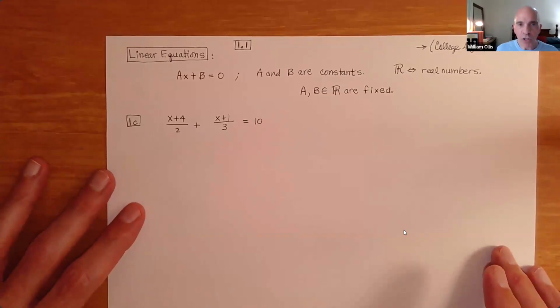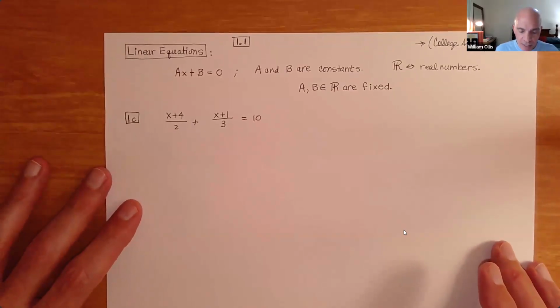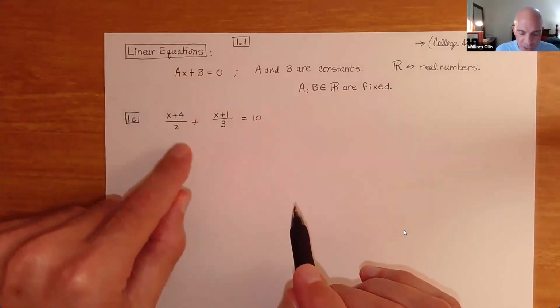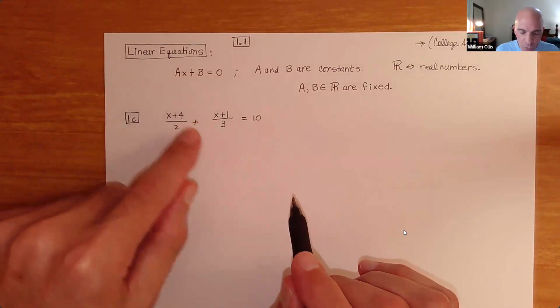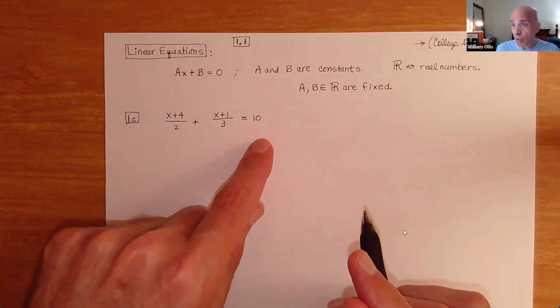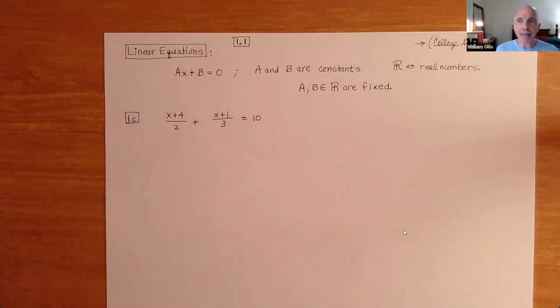So when you look at problems like this, you go back up to the original form of a linear equation, and you see that we don't have just one term that has x, and we don't have one term that's a constant. We do, and we don't even have the 0. So the idea is that with linear equations, we have a little bit more flexibility.